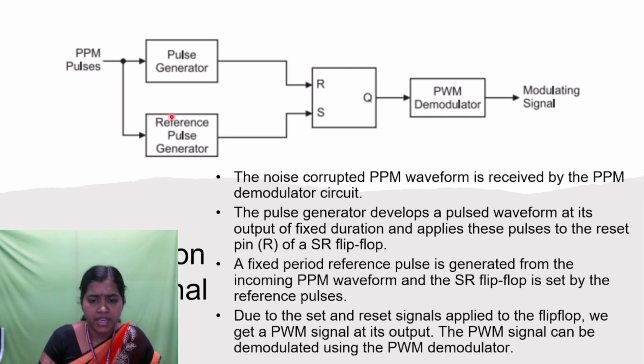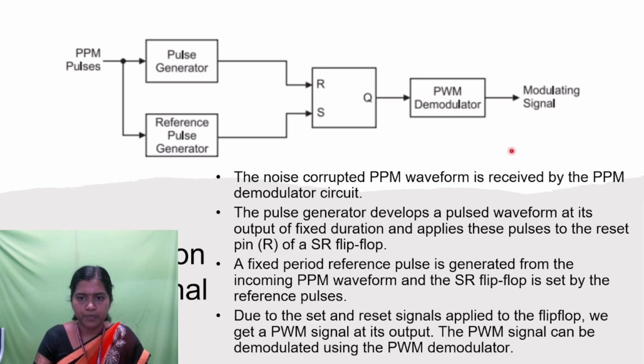Fixed-period reference pulses are generated from the incoming PPM waveform, and these are given as input to the set pin of the SR flip-flop. Due to these set and reset signals applied to the flip-flop, we get a pulse width signal at its output. The pulse width signal can be demodulated using the PWM demodulator circuit. After that you get your original modulating signal, that is your message signal, from the demodulator circuit.